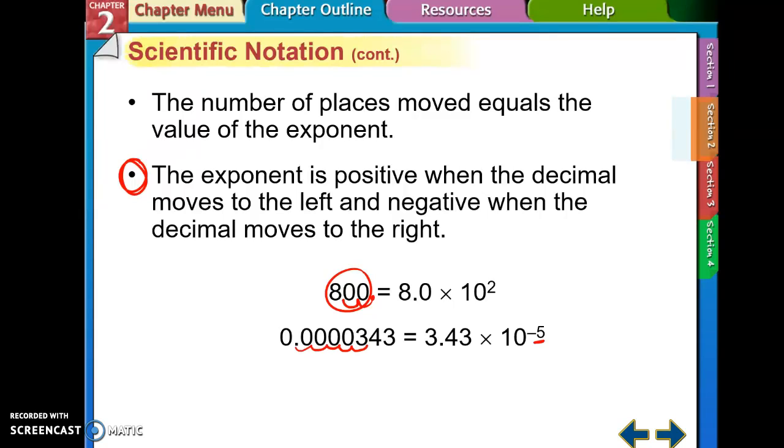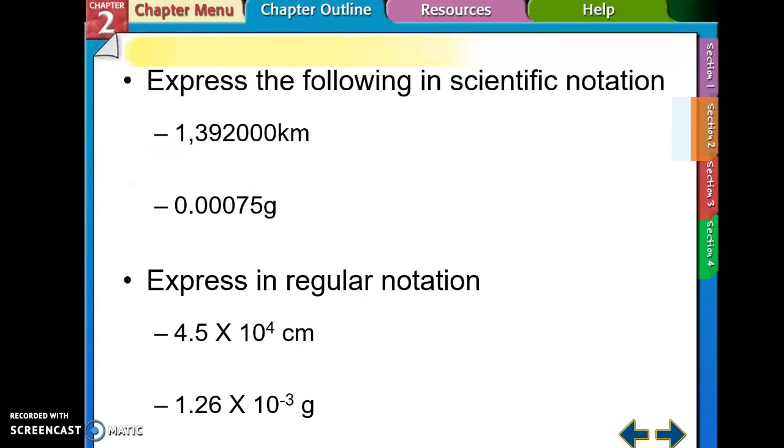So let's do a couple practice ones. So we're going to express the following in scientific notation. So if I look at this, it's 1,392,000 kilometers. So I'm going to assume if there's no decimal written, that there's a decimal at the end of the number. Okay? Mathematically, that's typically where your decimal is.